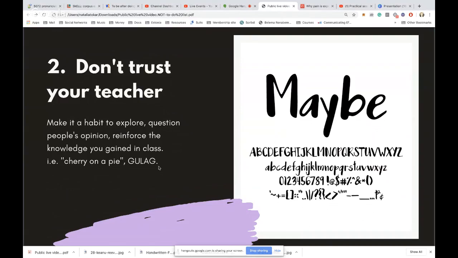So don't trust your teacher 100%. Make it a habit to explore, question people's opinion, reinforce the knowledge you gained in class. Maybe your teacher is right, maybe everything your teacher says is correct, but make it a habit to explore and to confirm it.